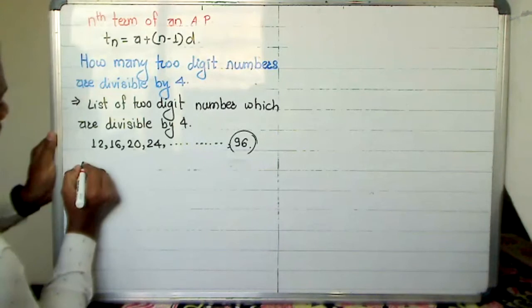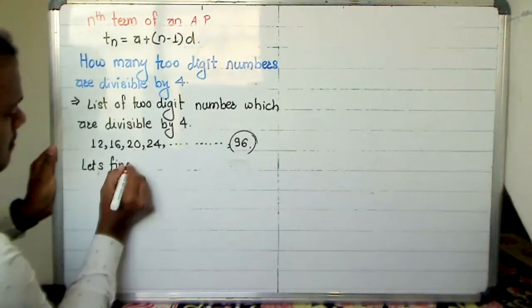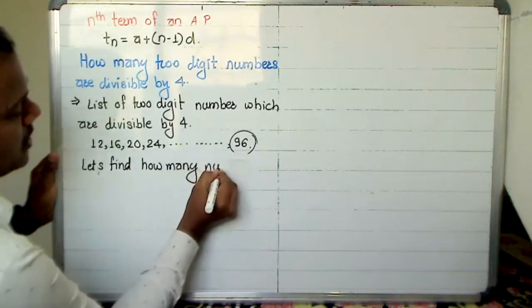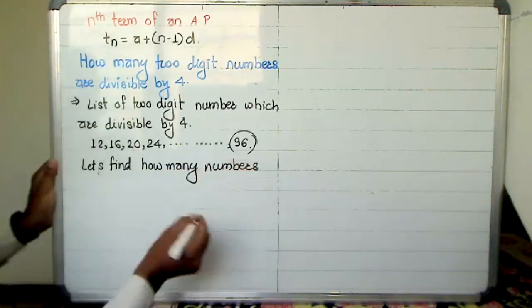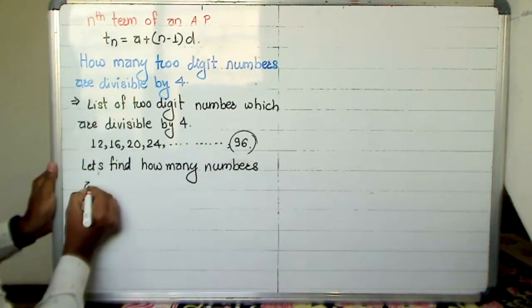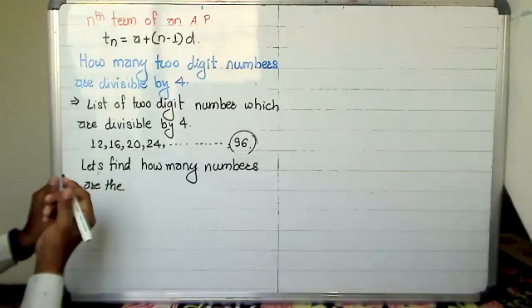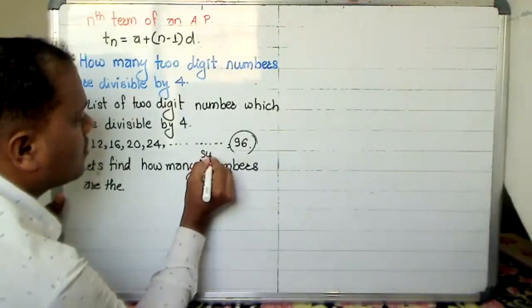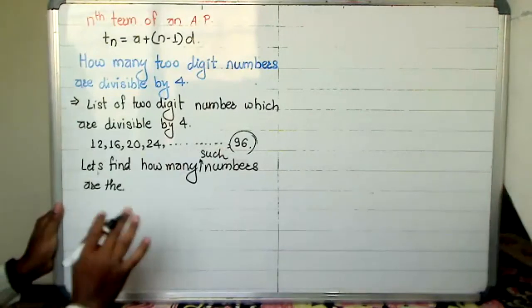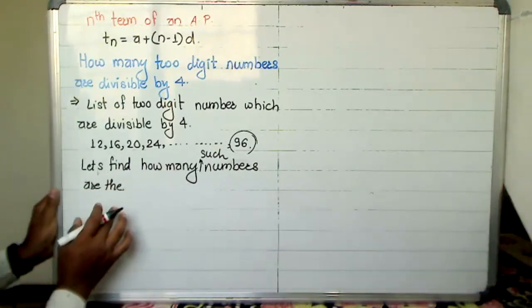Now let's find how many such numbers there are, meaning numbers which are divisible by 4 and are of two digits.